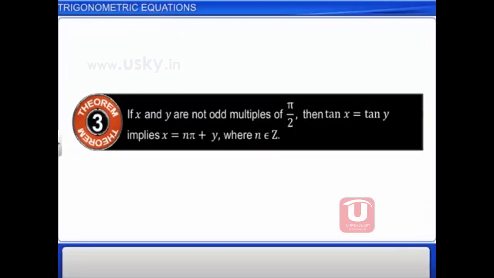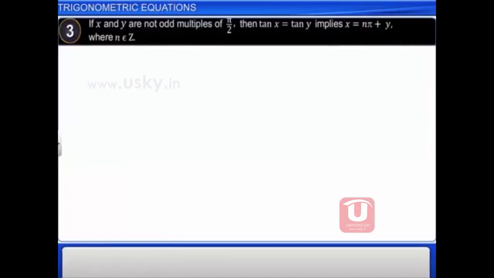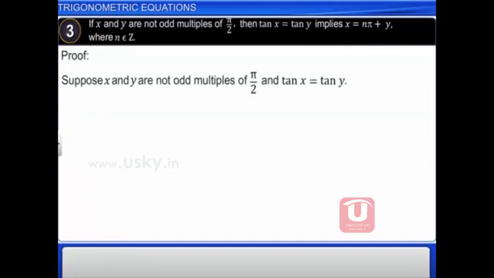If x and y are not odd multiples of π/2, then tan x is equal to tan y implies x is equal to nπ + y, where n belongs to the set of integers. Let's begin with the proof. Suppose x and y are not odd multiples of π/2 and tan x is equal to tan y.